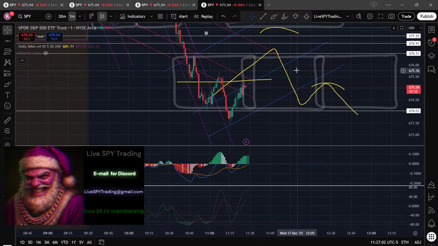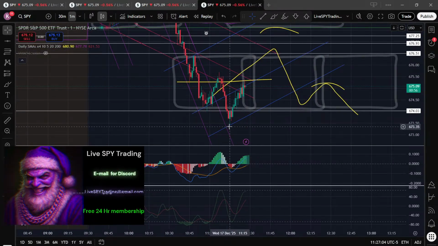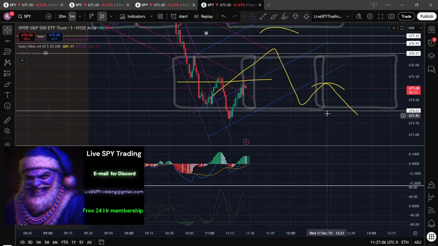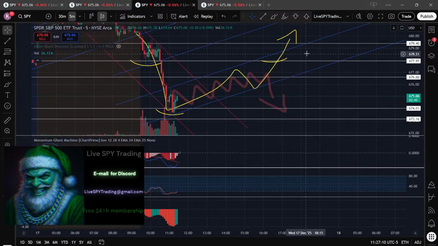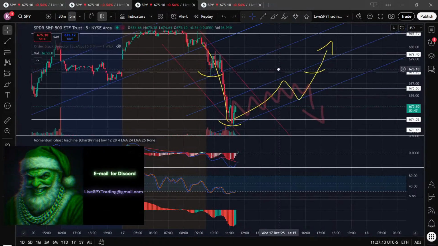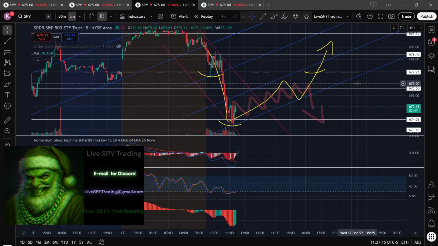So what we're seeing is a liquidity grab to push up. How high? Is it going to reject, for a longer term bolt?